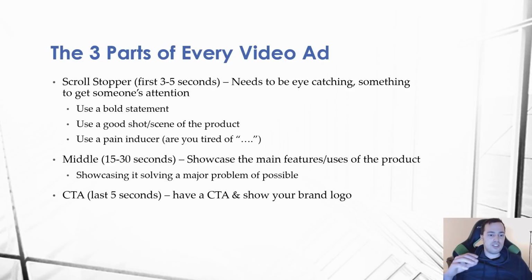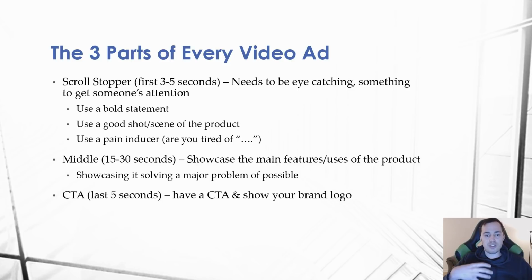So the next section of the ad is the middle portion. This is normally going to be 15 to 30 seconds, and what we're going to be doing here is showcasing the main features or uses of the product. If possible, we want to showcase it solving a major problem. Obviously problem solving products are better in general, but if we have a problem solving product, we want to make sure we actually showcase it solving that problem in the video ad.